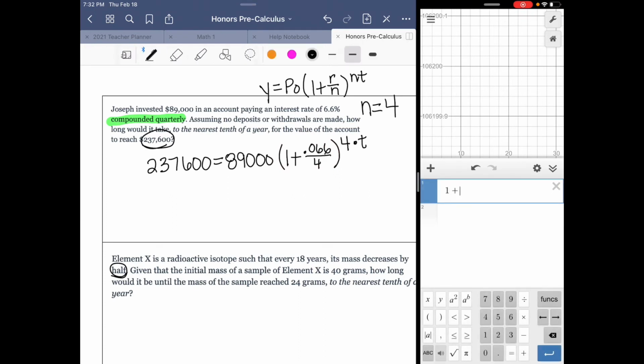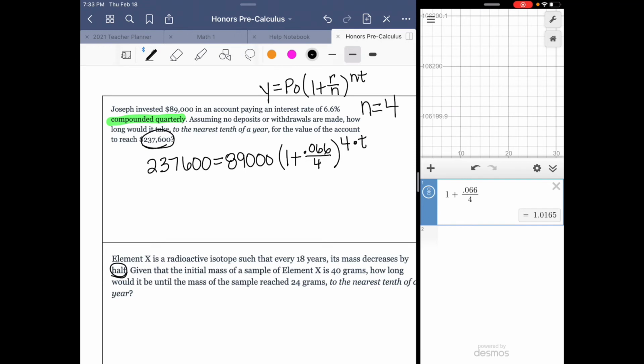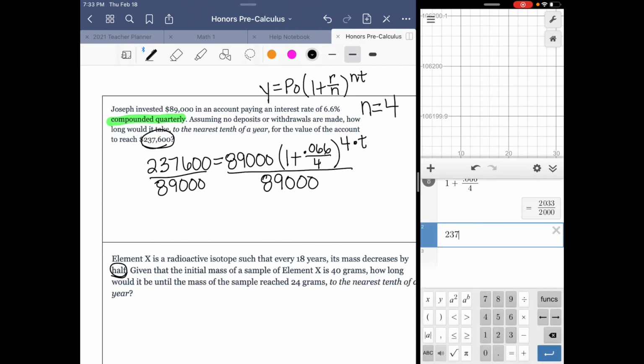So it's going to be a lot. Now, you can go ahead and try to calculate that, but more often than not, you normally can't turn it into a fraction. Now, this one you can. Great. So we can turn that into a fraction. I'm going to go ahead and divide by 89,000. So these are not going to be nice, pretty numbers and fractions.